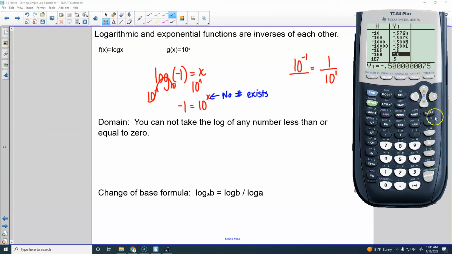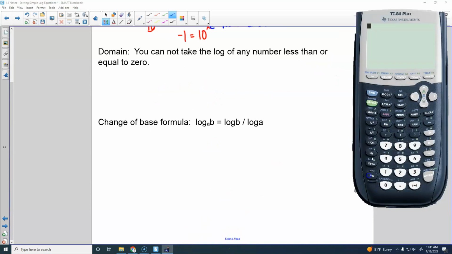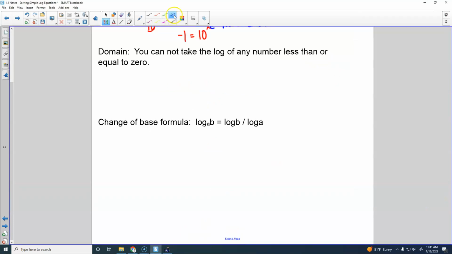If you are using the ones here that are not new and fancy, then you're going to need to know this, and there could just be times where it's important to know. If I have log base 7 of 8, and I need to type that into this calculator, the way that I'm going to do that is log 8 divided by log 7.